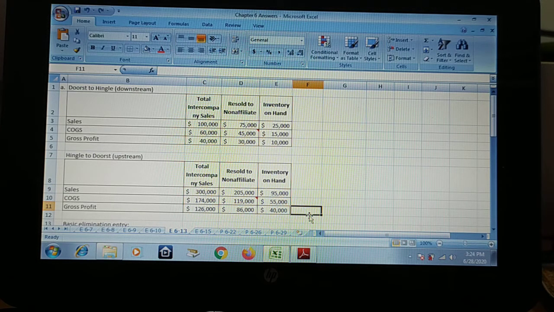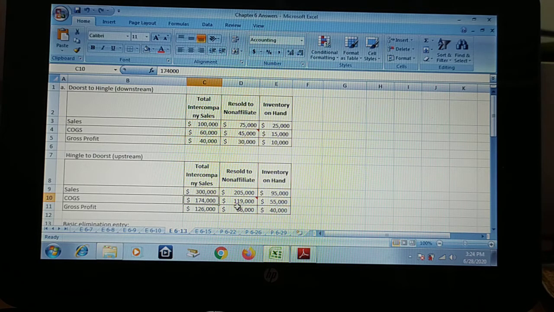42.11%. If you apply it, maybe the number is not that nice, but you just round it to the nearest thousand. If you apply it to the total company sales gross profit, you will get approximately 126,000. So your COGS will be 174,000.